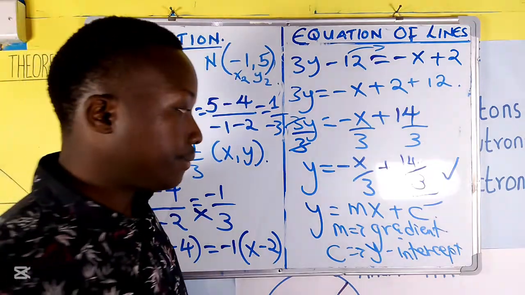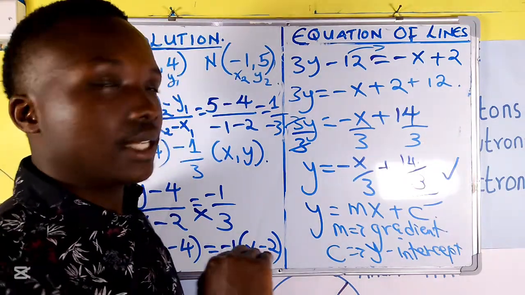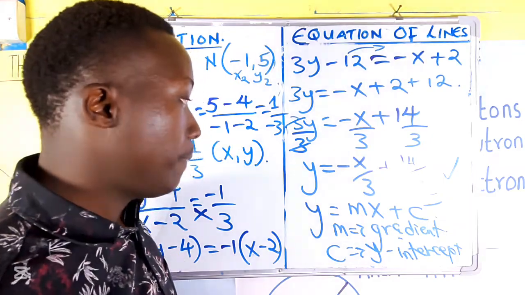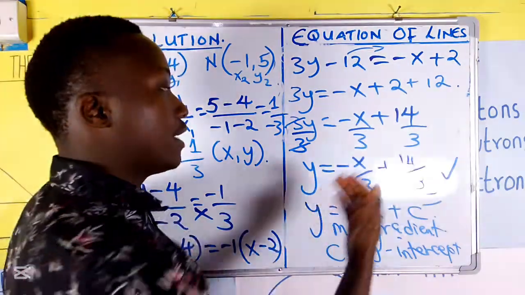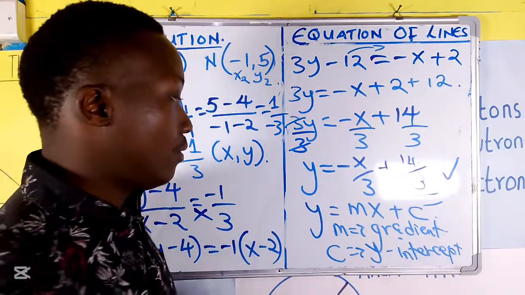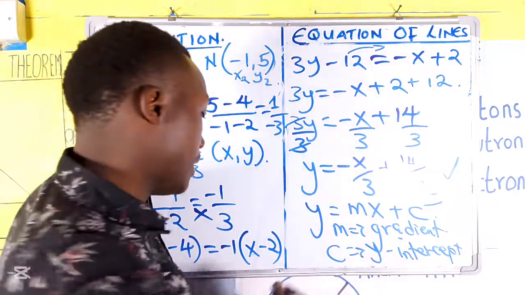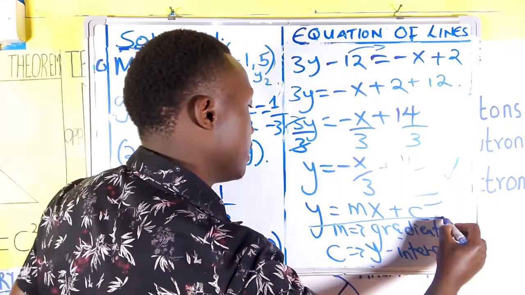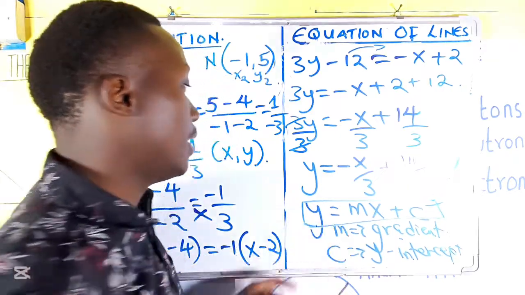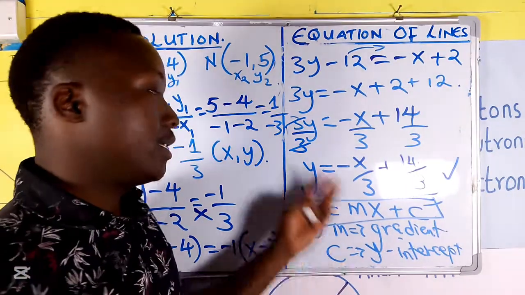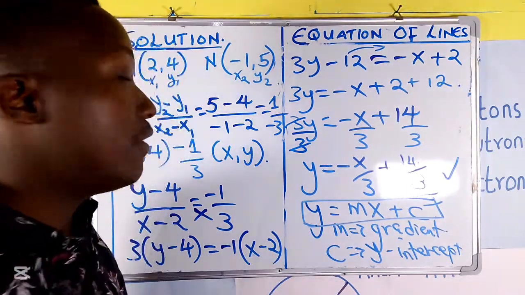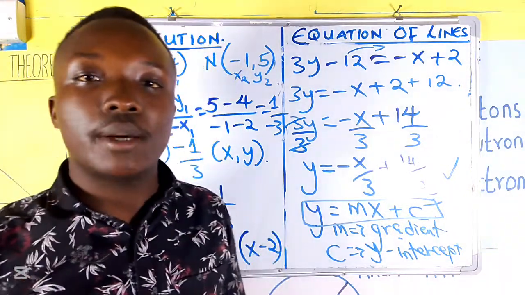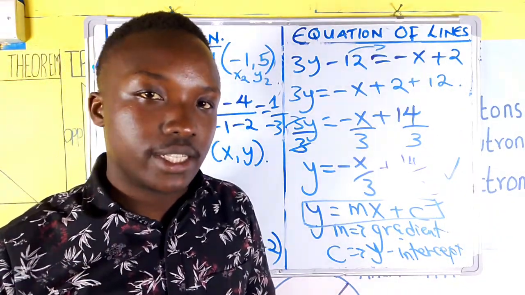Y-intercept simply means that when the line is plotted on a Cartesian plane, it will cut the y-axis at 14 over 3. So that is how we express our equation in the form y is equal to mx plus c. Given two coordinates, this is how we determine the equation of a straight line.